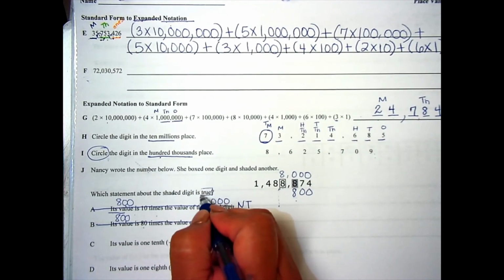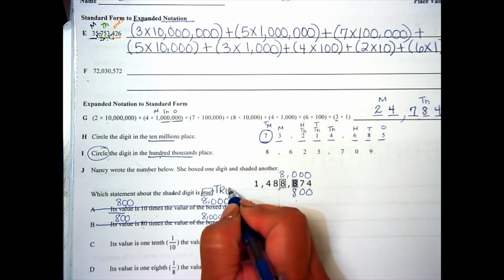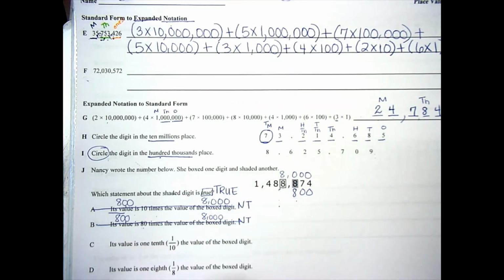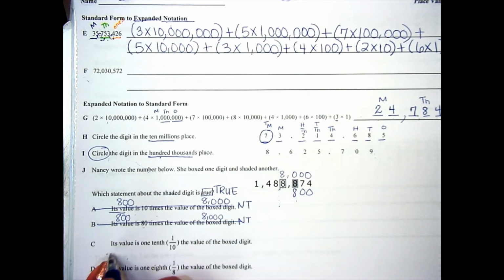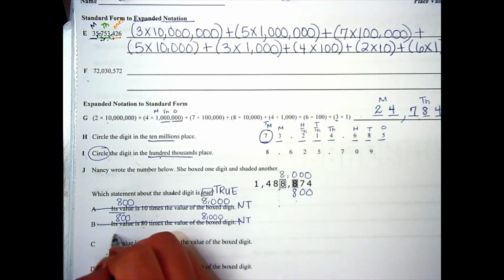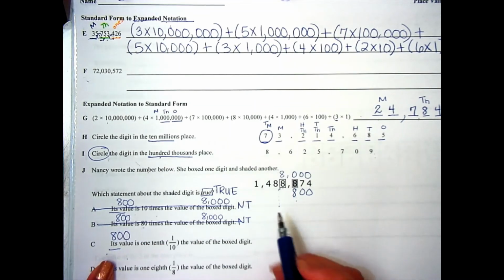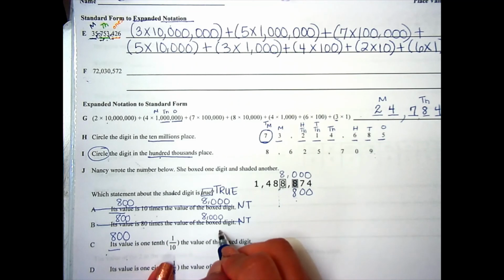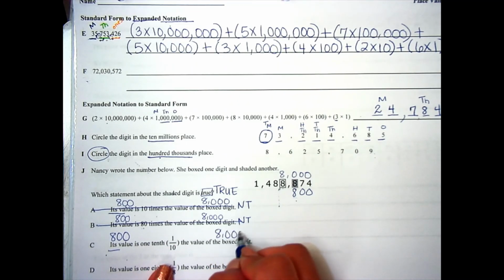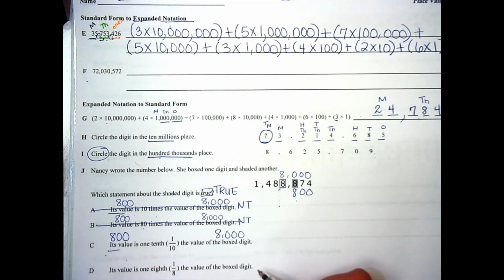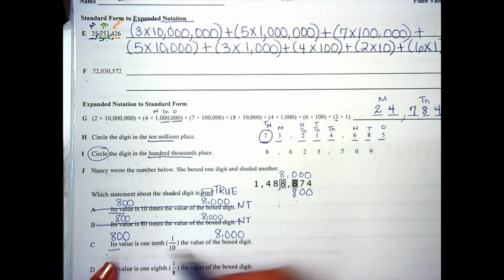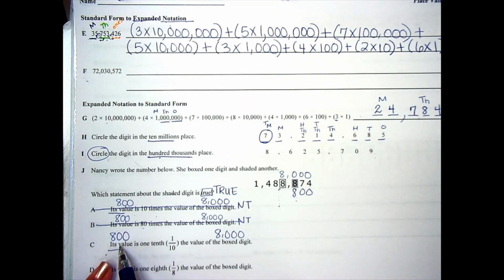And look at this. We're looking for what is true. Its value, its meaning 800. 800 is 1/10 the value of 8,000. Now remember what we said. Whenever we're looking at this, this means that they divided by 10.